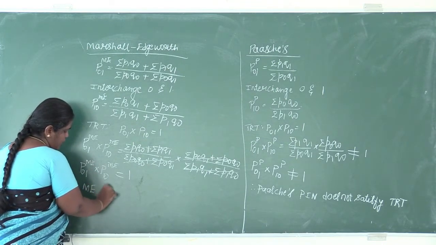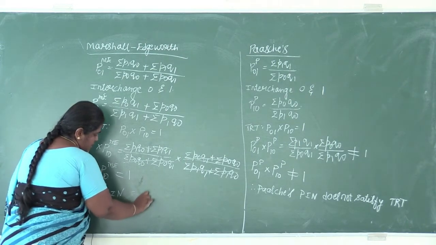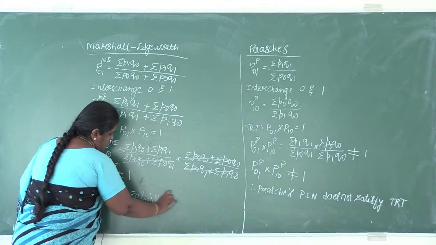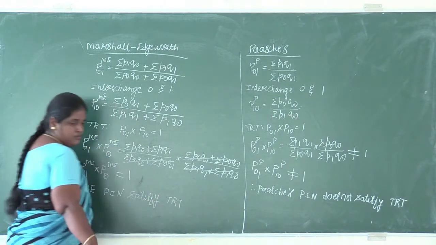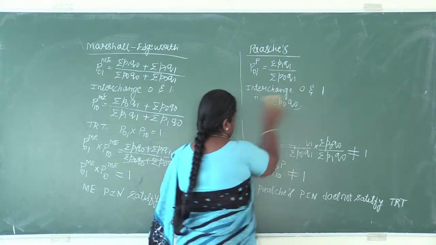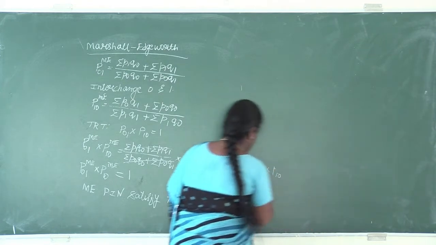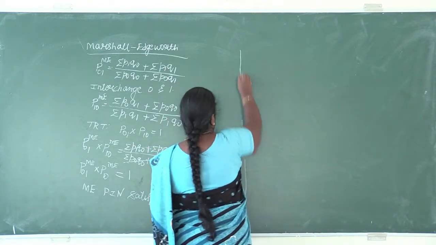So Marshall-Edgeworth price index number satisfies time reversal test. Then we have regarding Dorbish-Bowley's price index number. What is the formula of Dorbish-Bowley's price index number?